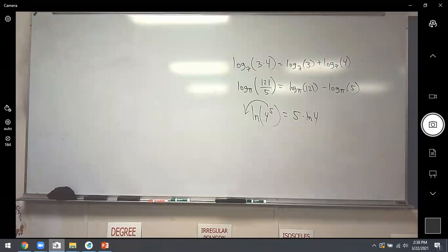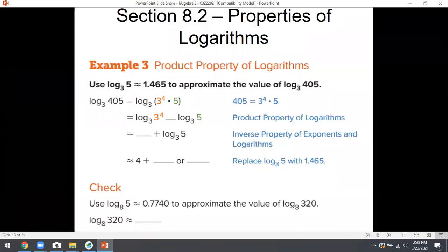Let's try some examples of those from the book. So this is very much the speed of what they're going to give you. You probably want to write this one down because they're kind of weird problems unless you've seen it done once or twice. If you've seen it done once or twice, it's no big deal. You're going to use these properties to expand your logs out into smaller pieces. But they also give you this weird bit of information on all these problems right at the bat.